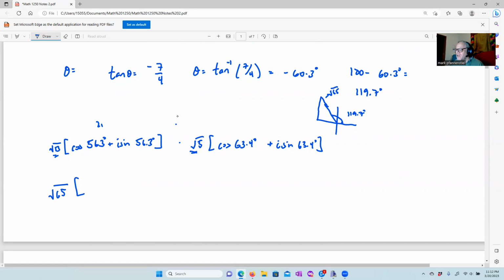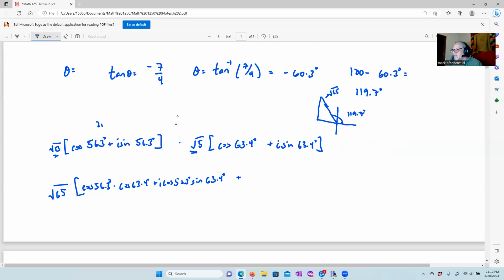So we're going to have cosine of 56.3 degrees times cosine of 63.4 degrees. That's my firsts. My outers is going to be plus cosine of 56.3 degrees times sine of 63.4 degrees, with an i here.